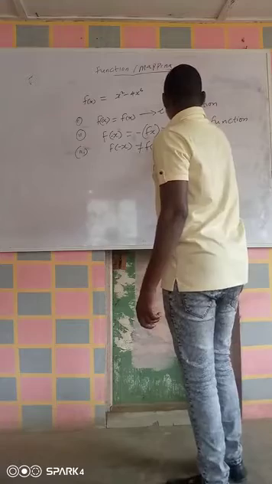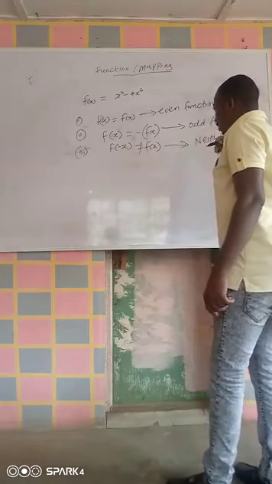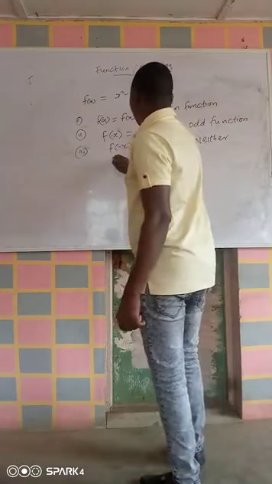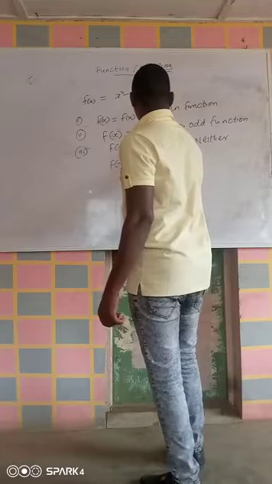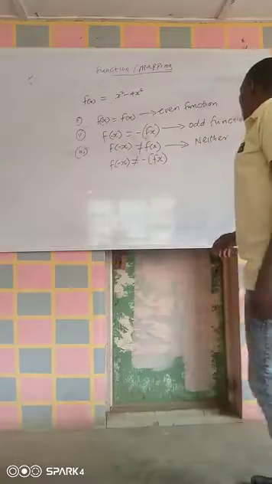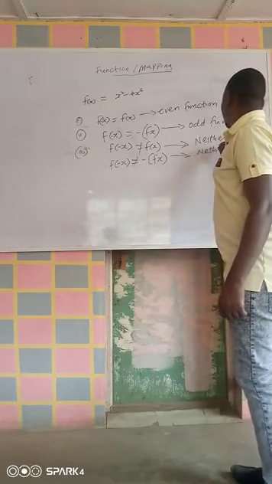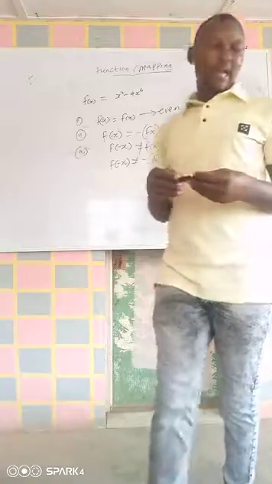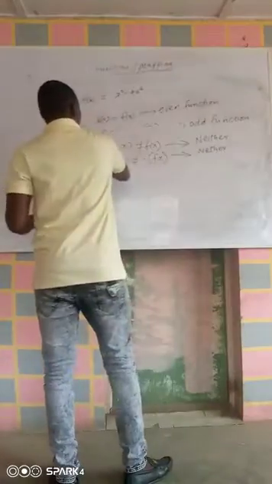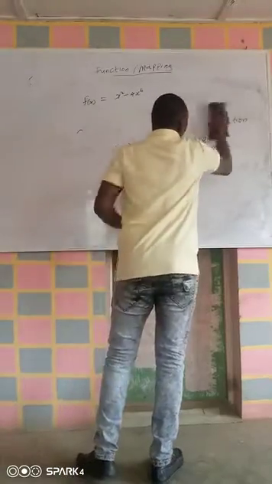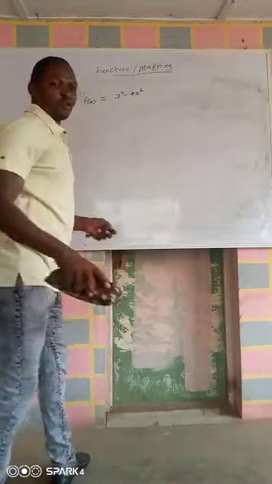And this one is neither odd nor even. We also have this condition: f of minus x is not equal to minus f of x. So this is also neither. Okay. So we can easily solve this above question, and whatever we get, we use it to make our conclusion.